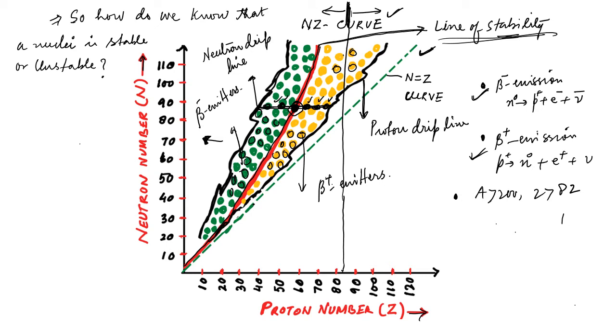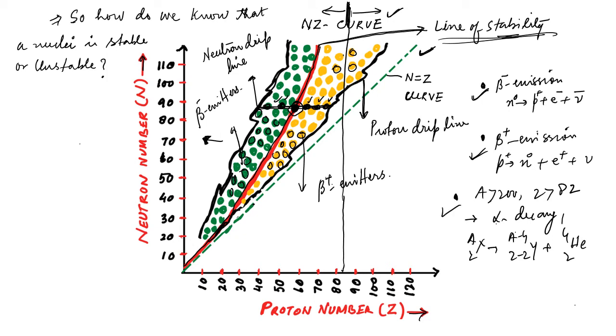In such cases these nuclei are going to do an alpha decay, in which the system goes to A minus 4, Z minus 2, with a helium-4 emitted. All this we will discuss in the next slide.